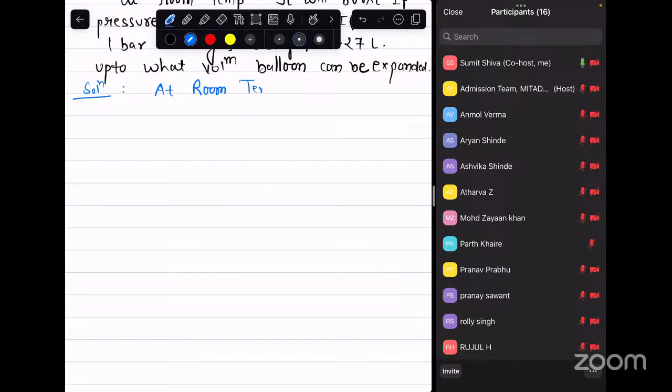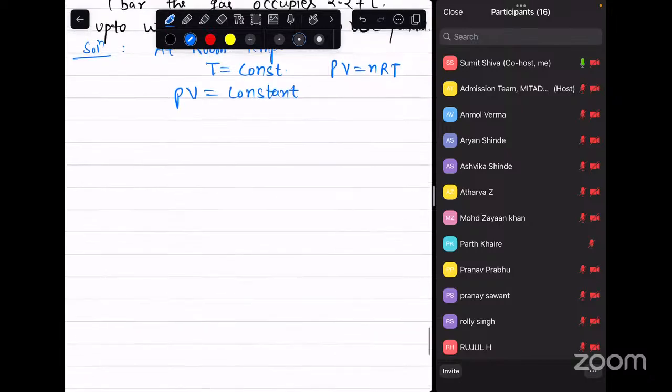This is happening at room temperature, which implies that T is constant. Now from PV equals nRT, if T is constant, we are left with PV equals constant, which is known as Boyle's law. So this will be P1 V1 is equal to P2 V2.